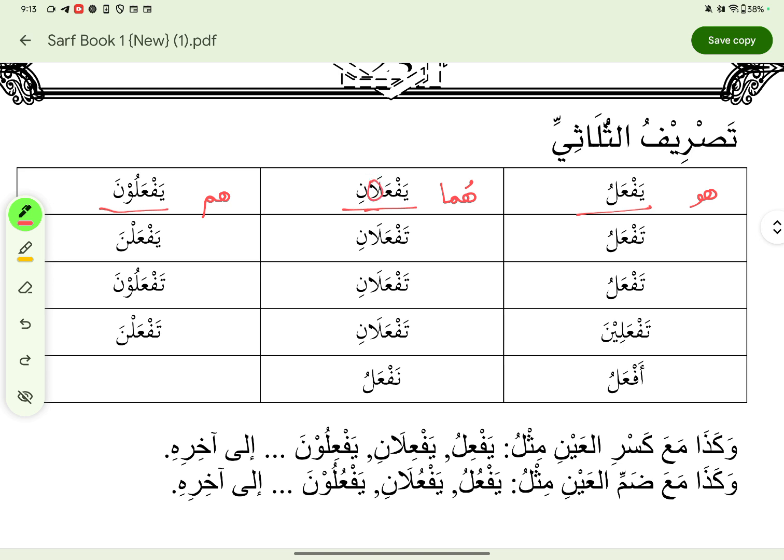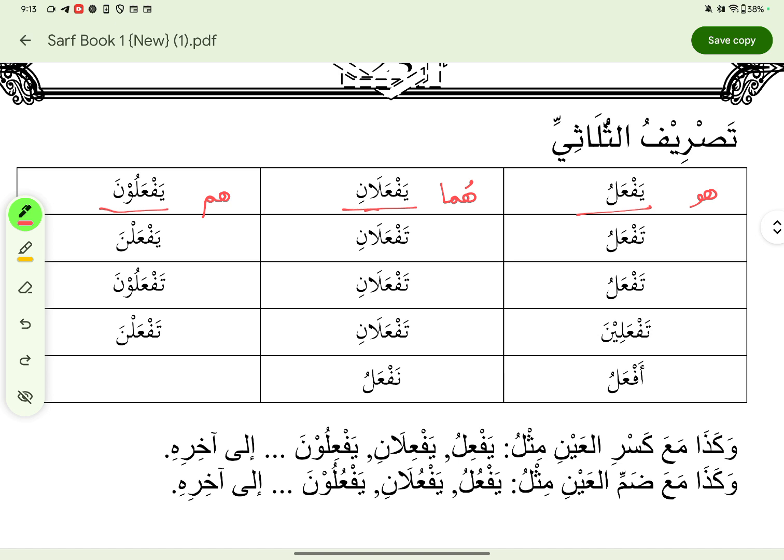The alif here signifies muthanna, dual, that this is two things, two people doing something. So huwa yaf'alu: he does. Huma yaf'alani: they, two people, are doing. Hum yaf'aluna: they are doing.